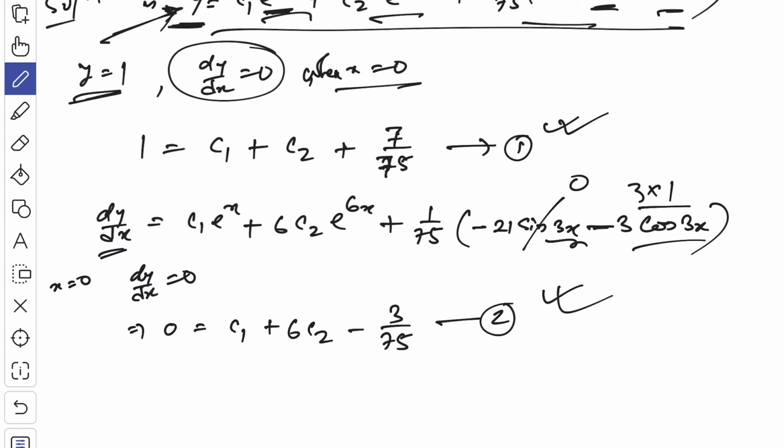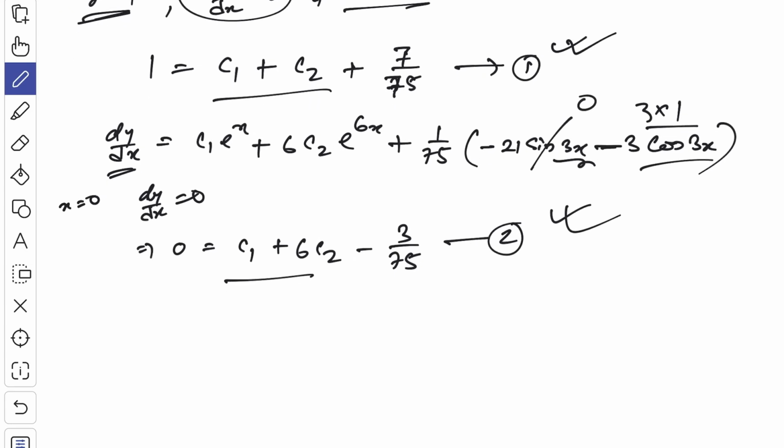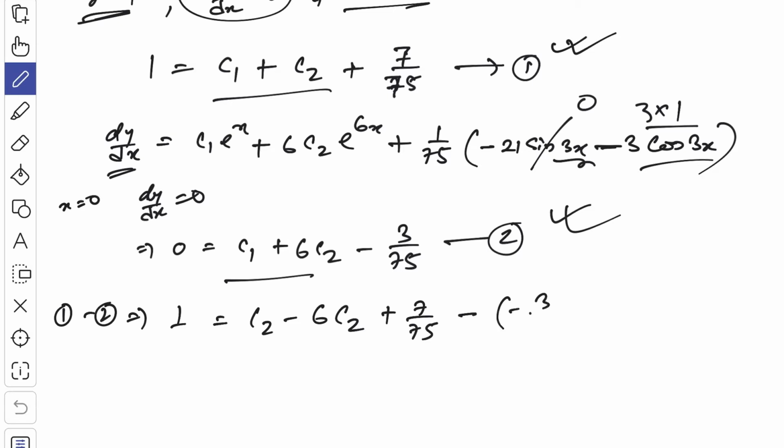Now let us solve these two equations in order to get c1 and c2. So first what we can do, we are going to subtract 2 from 1. So equation 1 minus 2, then c1 will be cancelled on subtracting these equations. Then c2 minus 6 c2 plus 7 by 75 minus 3 by 75. That's what you will get.